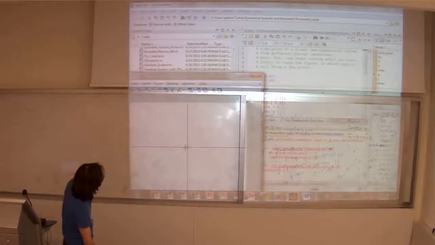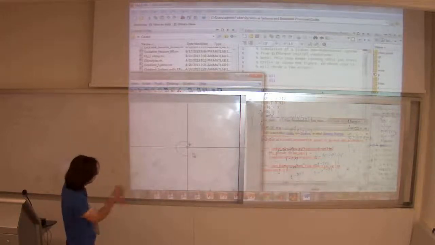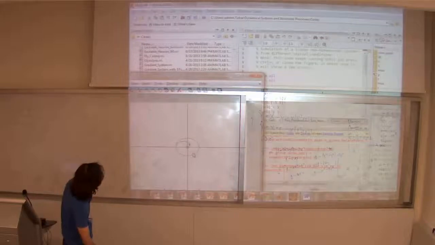Okay, so this is our unstable spiral, and I can start a trajectory. See, it spirals outwards from the fixed point. It seems to stop spiraling outwards, converging into this cycle here.